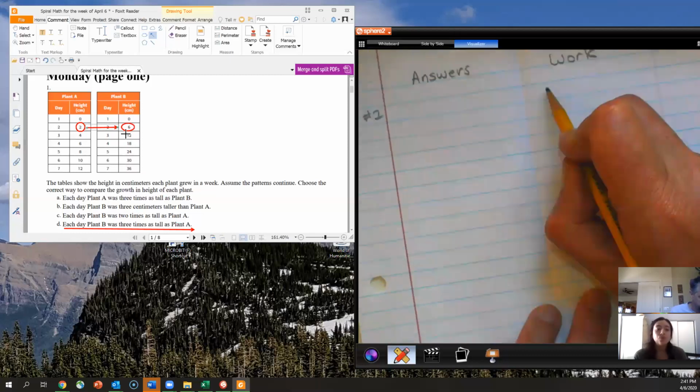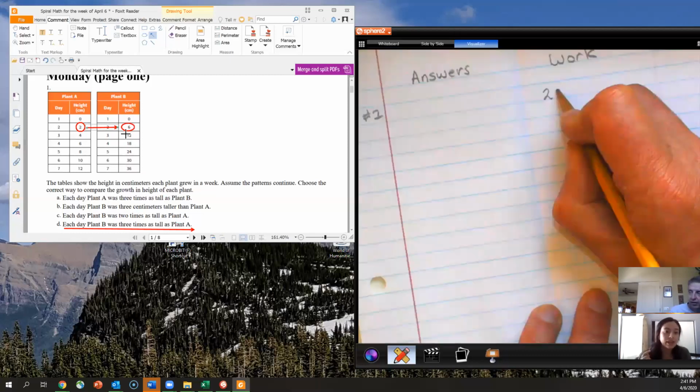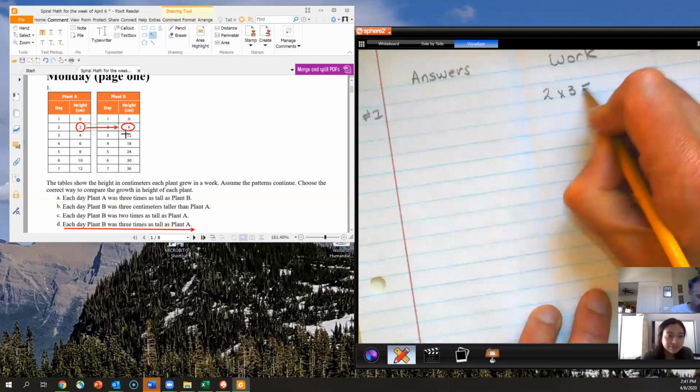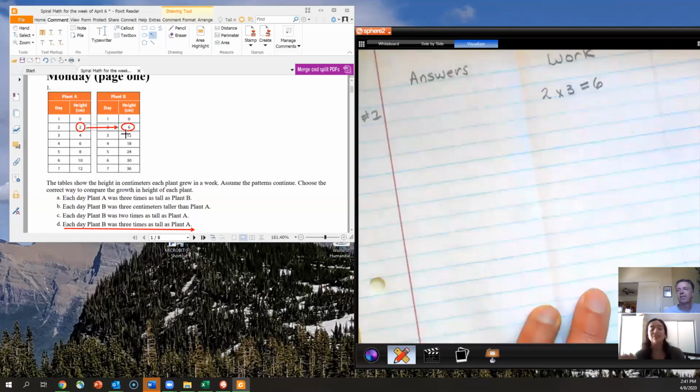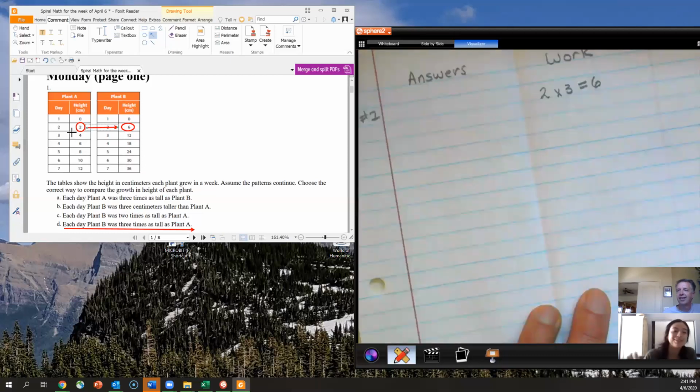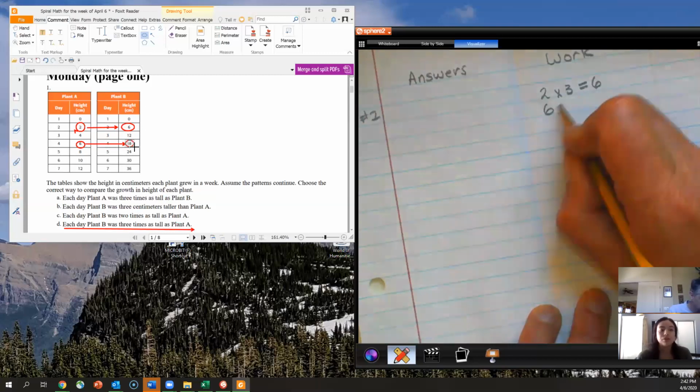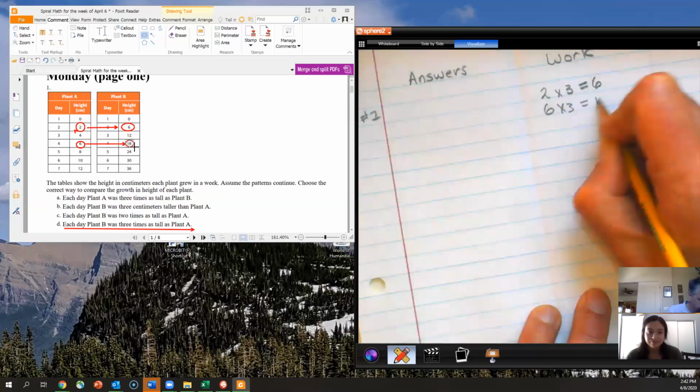So it should have been each day plant B was 3 times as tall as plant A, because 2 times 3 would give you your 6. 4 times 3 would give you 12. 6 times 3 would give you your 18. 8 times 3 is 24, and so on and so on.